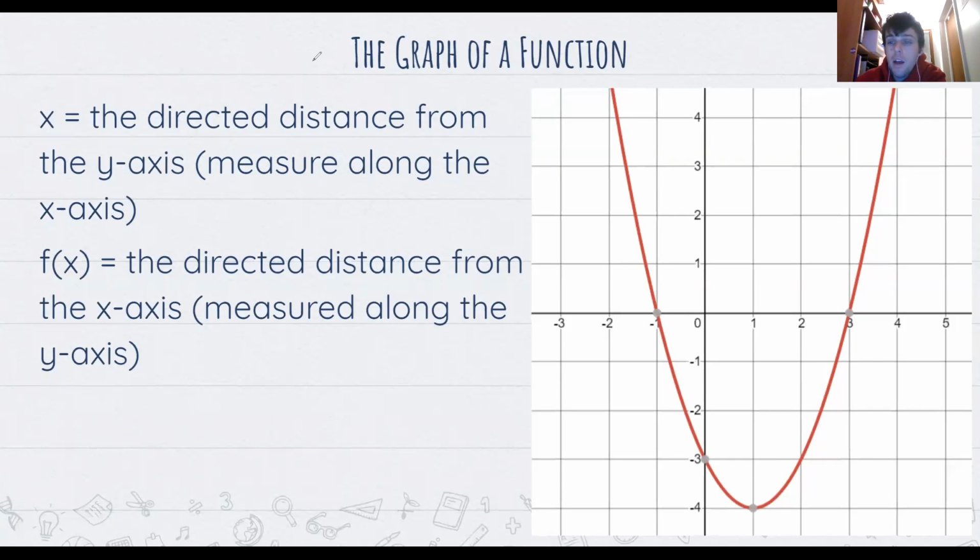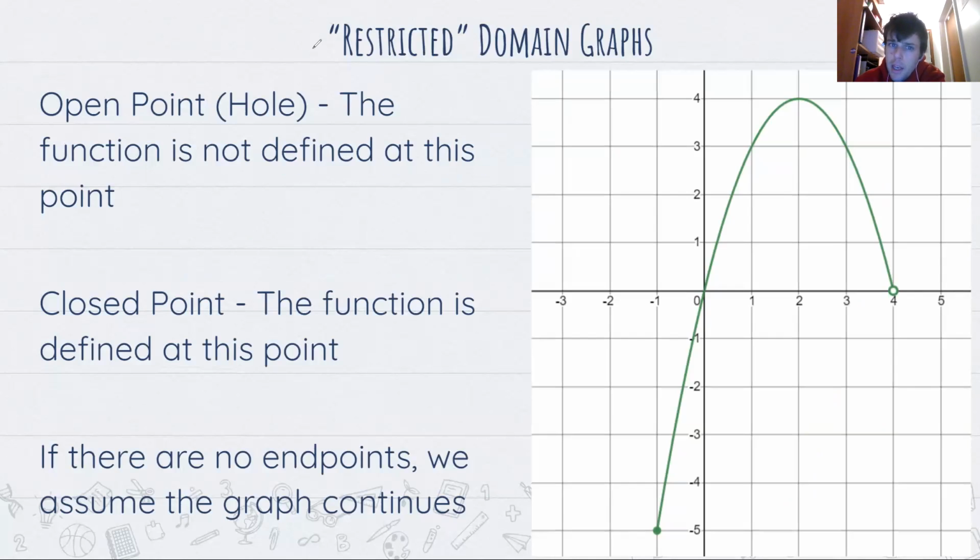All right. Some graphs that we're going to be looking at may have their domains restricted. Maybe that's for context of a word problem or just because we feel like doing it. And so in this graph, you'll notice that there are these open points. There's an open point here, or sometimes we also call this a hole. So the function is defined all the way up until that point, but at that point it is actually undefined.